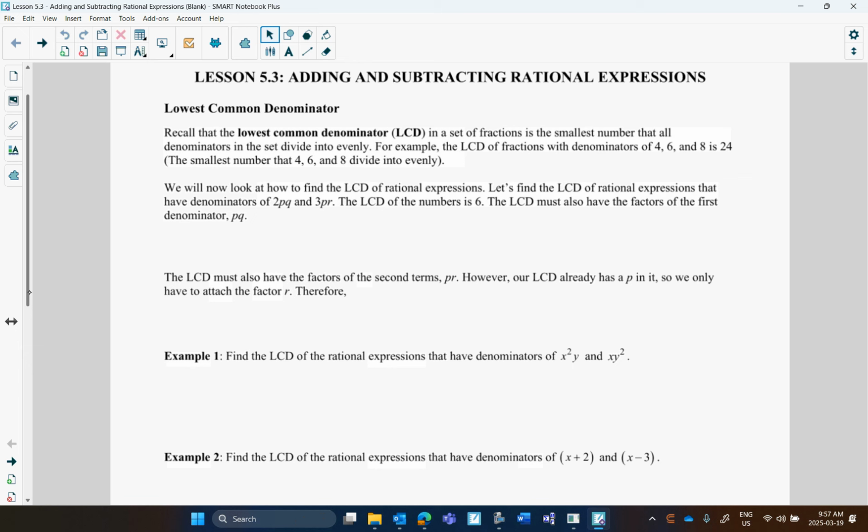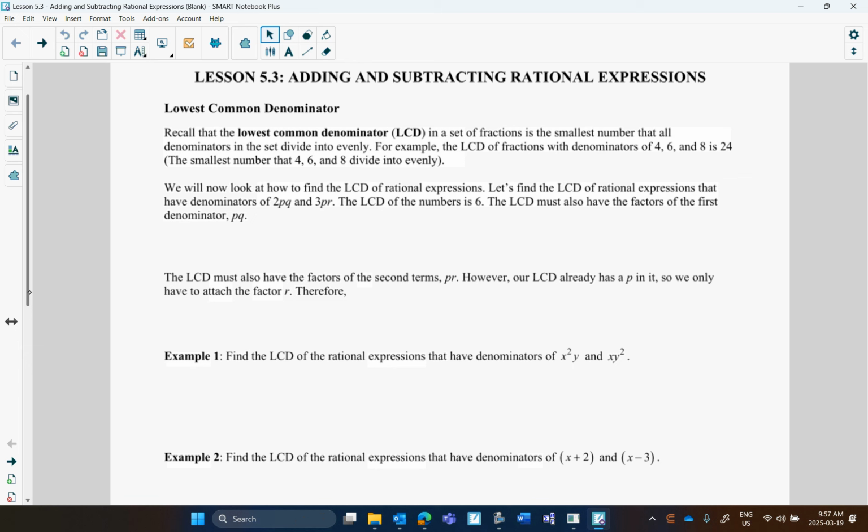What's in here that's not in here? X plus 3. So that means I've got to go 2 times x minus 1 plus 3 times x plus 3. So I've got a couple of steps to do up top.